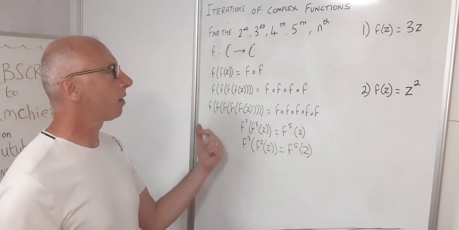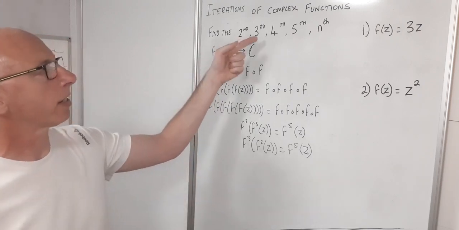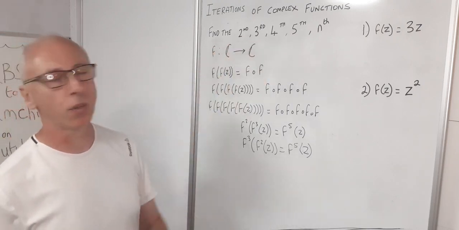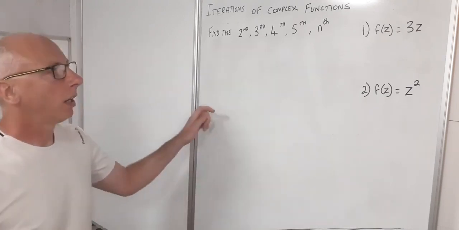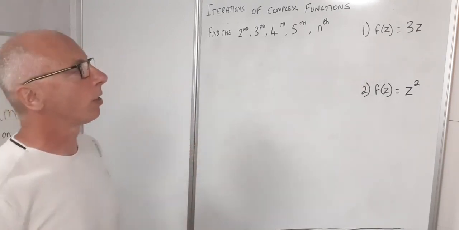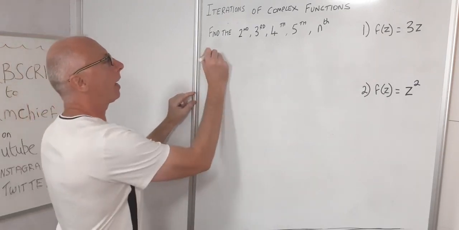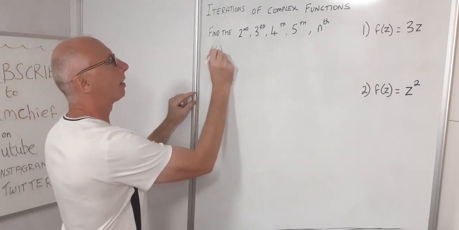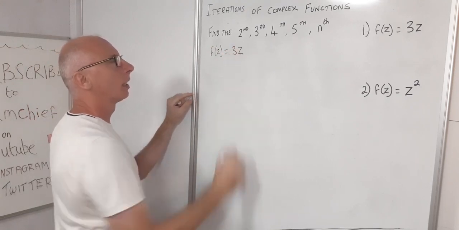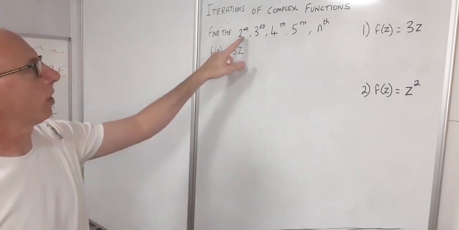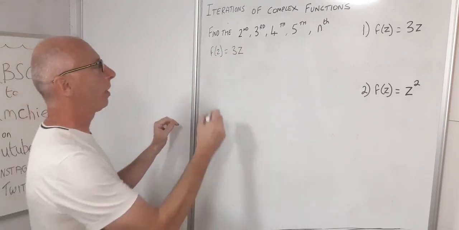So now I'm going to take this off the board and we go straight into trying to calculate the second, third, fourth, fifth and the nth terms. Okay, let's take equation 1. So f of z equals 3z. Now let's have a look to see if we can find the second iteration of that.